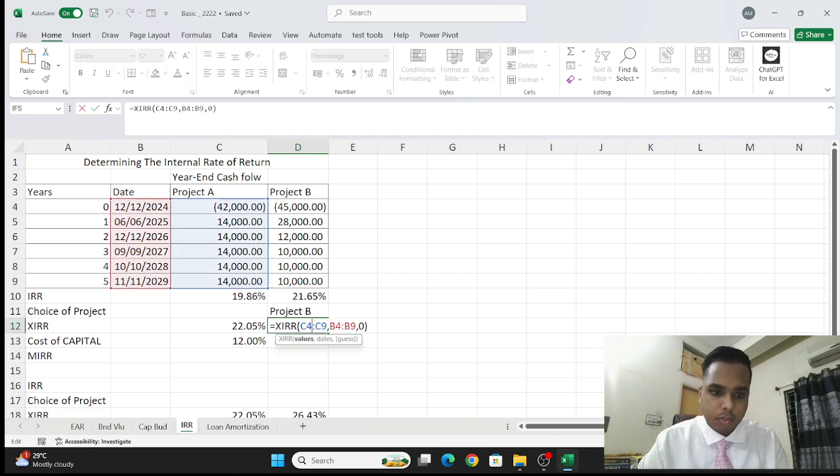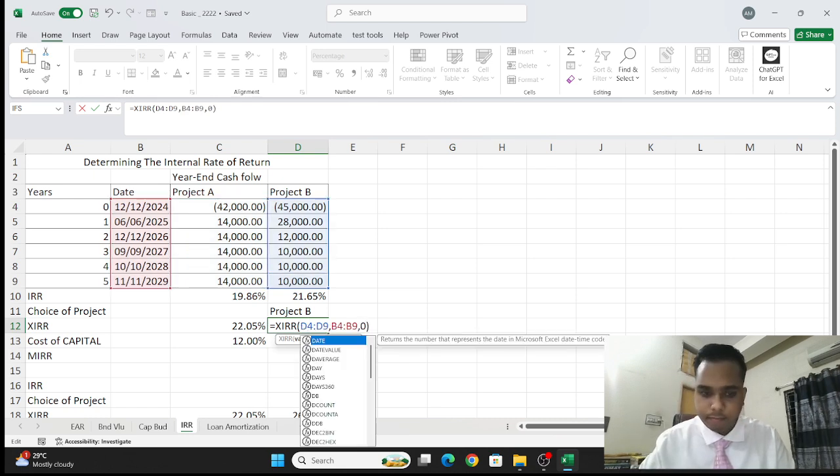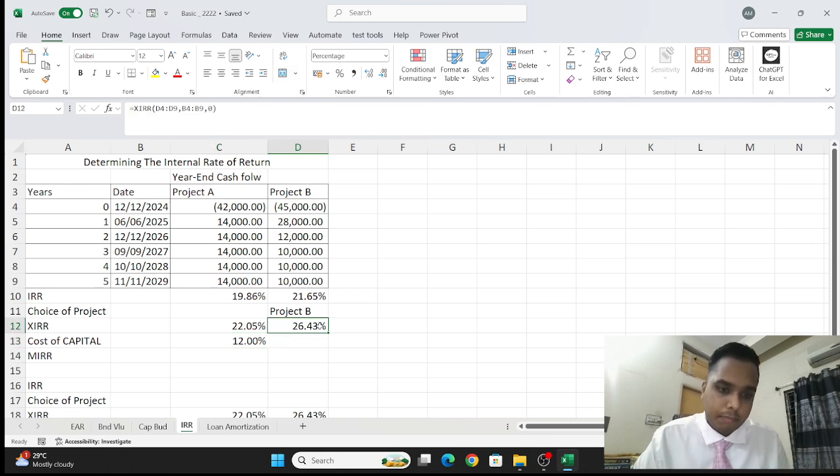Oh, I have chosen the wrong values. That's why the XIRR percentages were both the same. So project B's XIRR is 26.43 and project A's is 22.05.